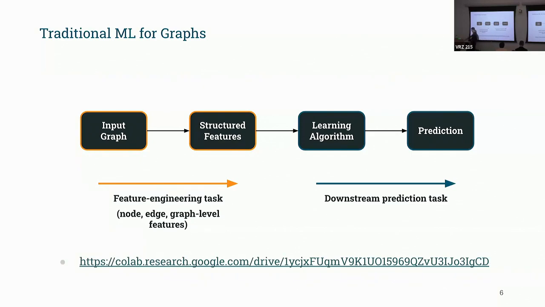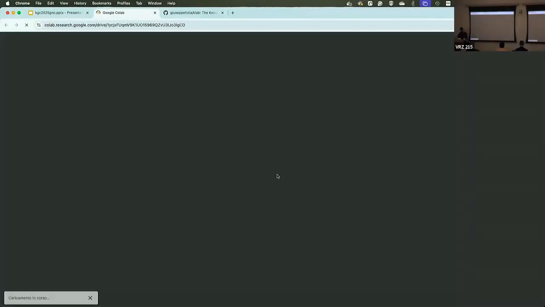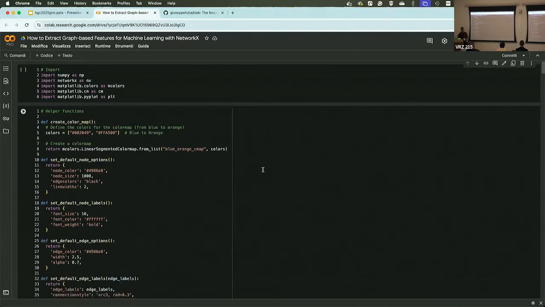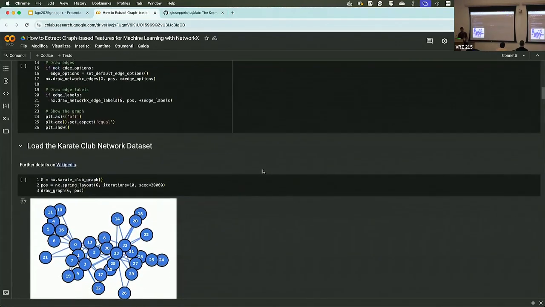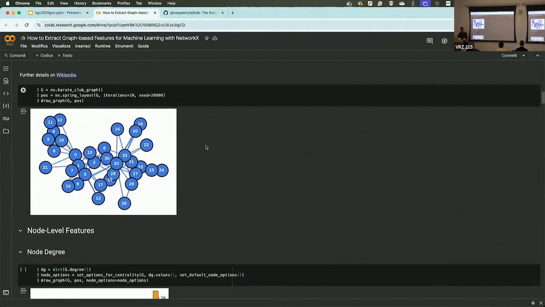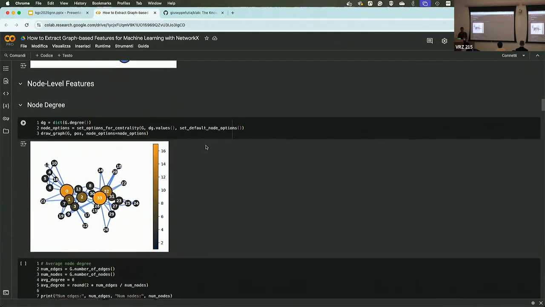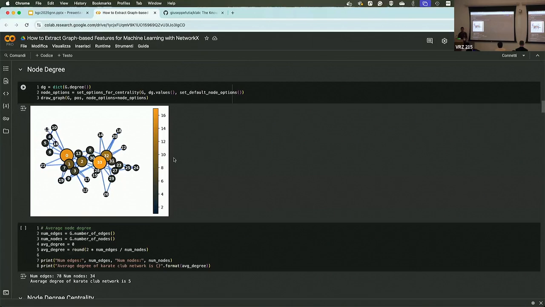Here you can have a look at a Colab notebook. I will not go through the details, but in order to understand what it means to extract features from graphs, you have this Colab notebook in which, starting from the well-known Karate Club graph, you will see how different features are extracted.